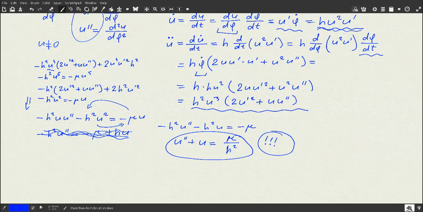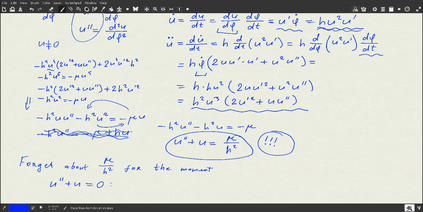So for the moment, forget about the constant term, mu over h squared. Then u double prime plus u equals 0 is a so-called harmonic oscillator.